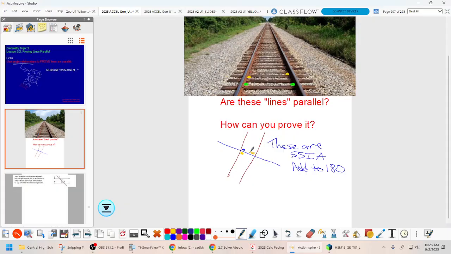Maybe I tell you in the given that these lines are parallel, and I ask you to prove some angle relationship using what you know. Or maybe I don't tell you the lines are parallel, but I give you a way to prove that these two yellow angles are congruent, and then you can say, oh, the lines must be parallel because those angles are congruent, and they're supposed to be. Okay? You see kind of the two different approaches.